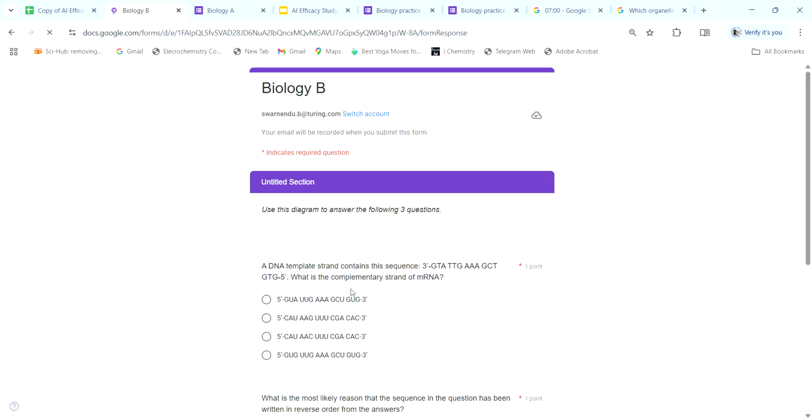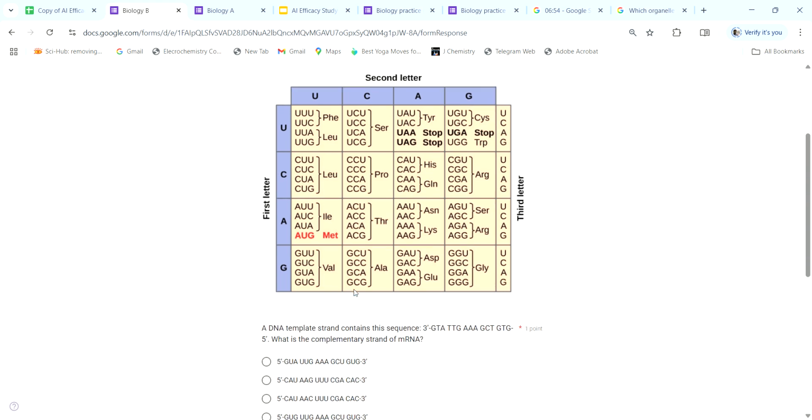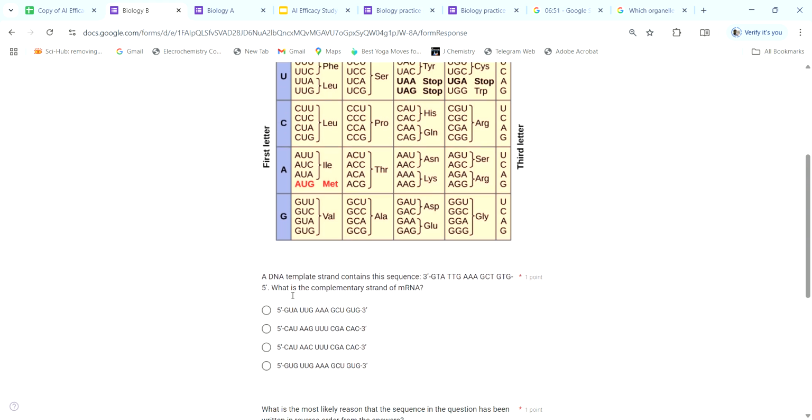Use this diagram to answer the following three questions. The DNA template strand contains this sequence: 3' GTA, TTG, AAA, GCT, GTG, 5'. What is the complementary strand of mRNA? G pairs with cytosine, T with adenine, A with uracil.